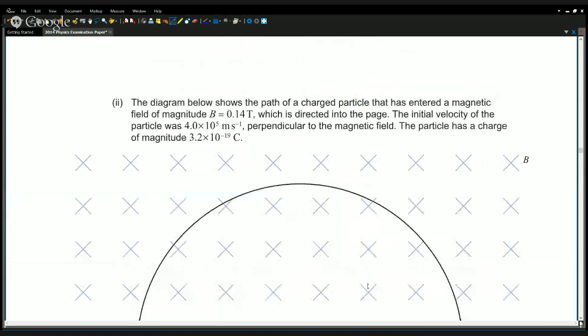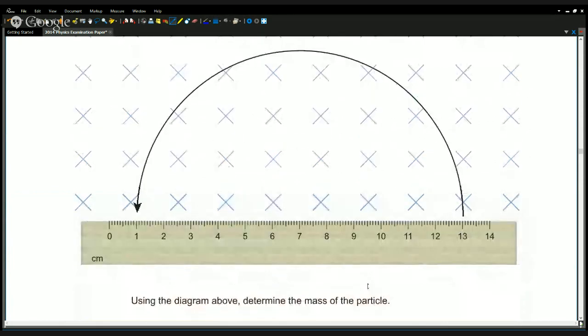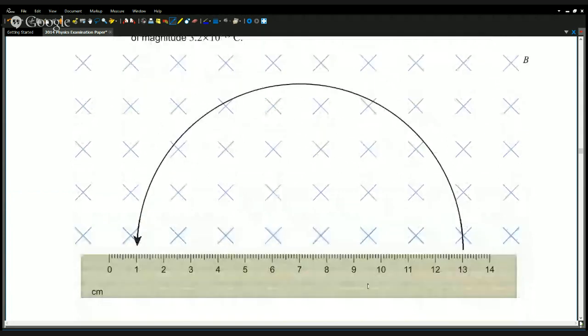The diagram below shows the circular path of a charged particle that entered a magnetic field of magnitude B 1.4 Tesla, which is directed into the page. The initial velocity of the particle is perpendicular to the magnetic field. Okay, you've got charge. All right, use the diagram above to determine that. They've got a little ruler here. So the ruler goes, essentially there is 12 centimeters in diameter, as you can see here, thereabouts.